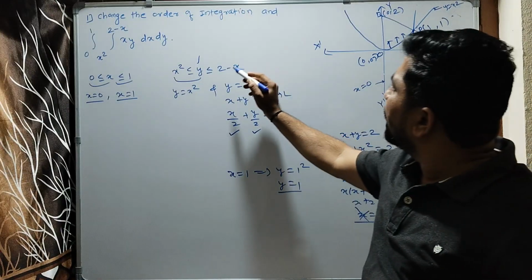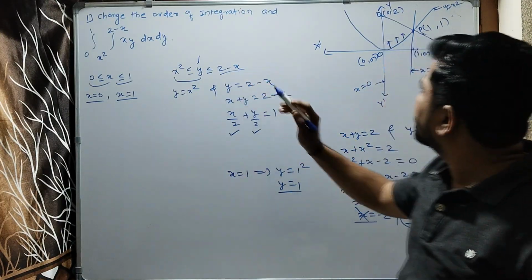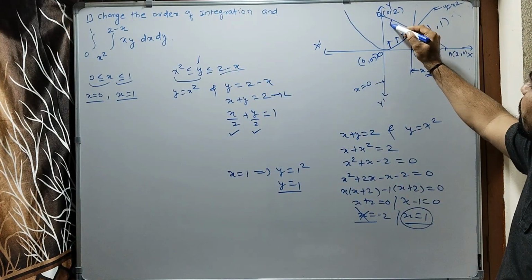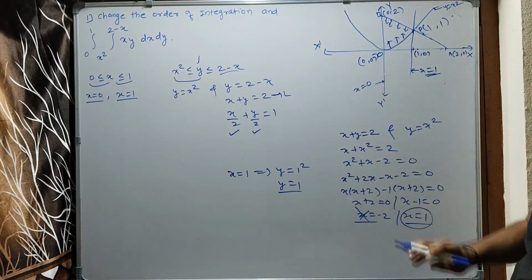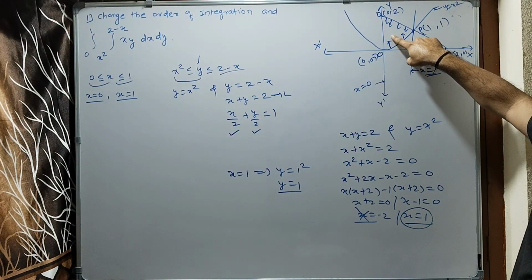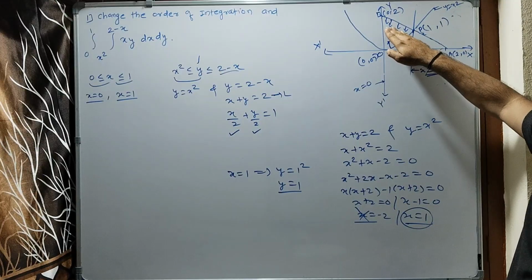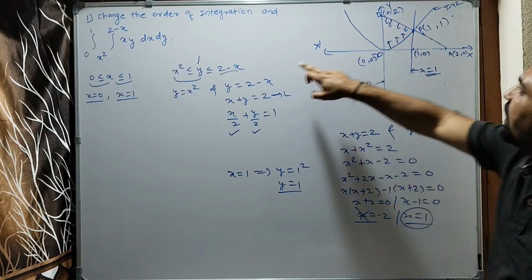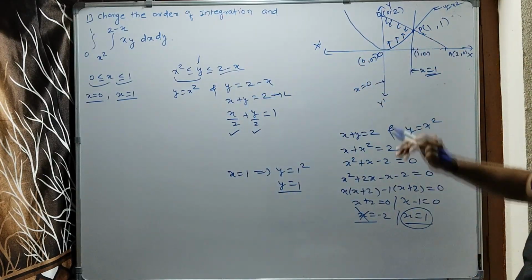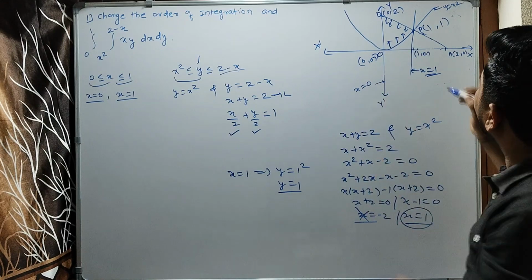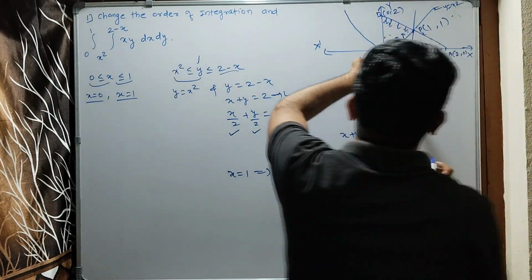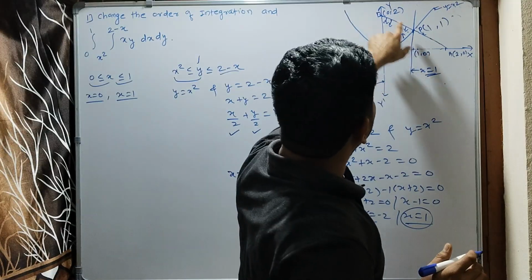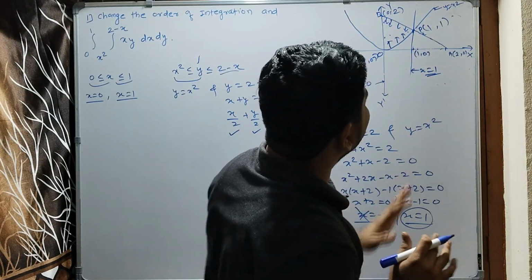And y is less than or equal to 2 minus x, which is less than or equal to this line. So y takes values greater than or equal to x square and less than or equal to 2 minus x. So my region of integration is this part, O, P and B.